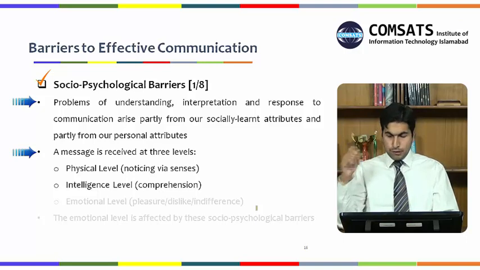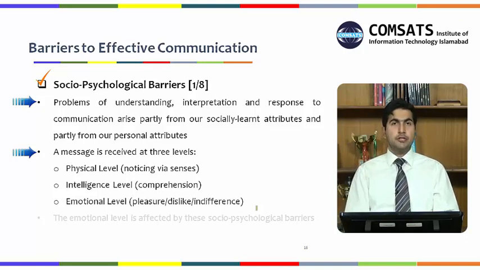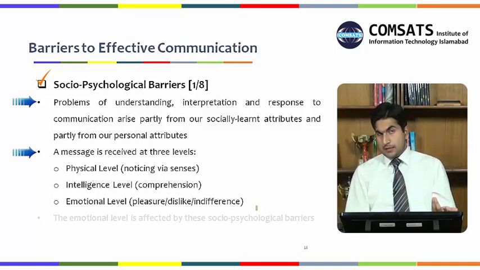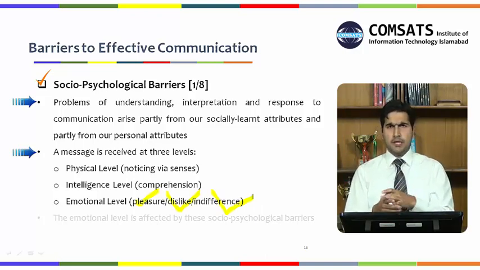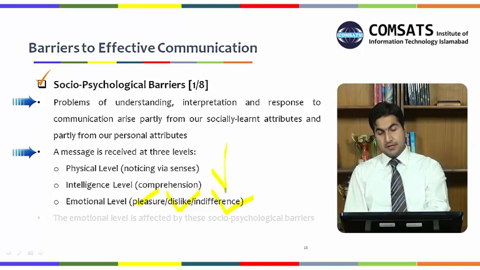And once it's understood, it will go to the third level, the emotional level, in which I will be developing a response. What that response can be: pleasure, a dislike, or indifference, whatever it is. I'll be indifferent. So this is the way a message is basically received.